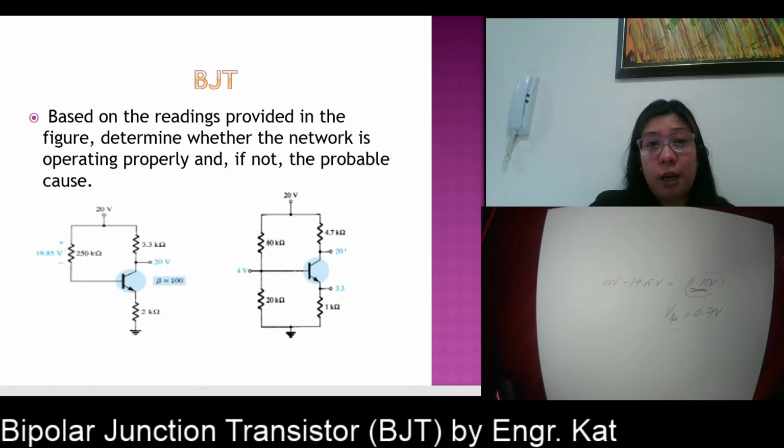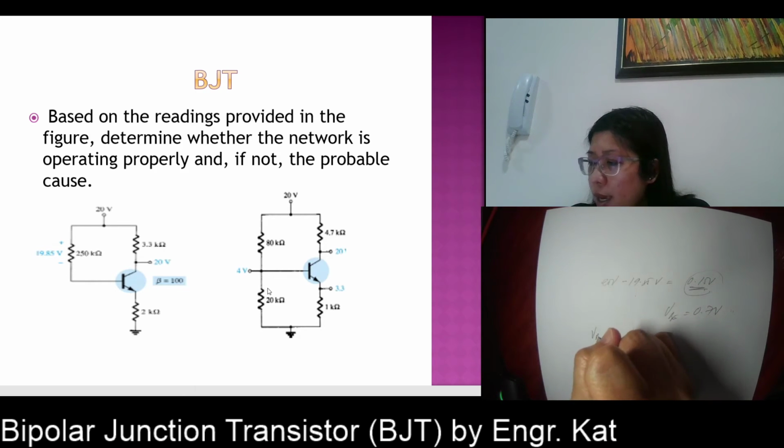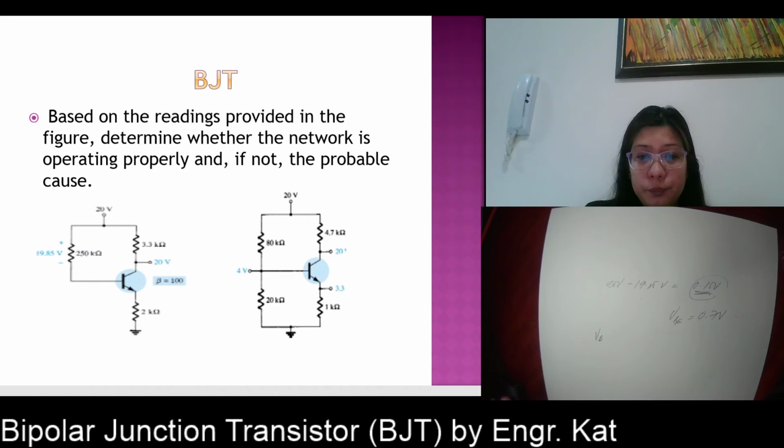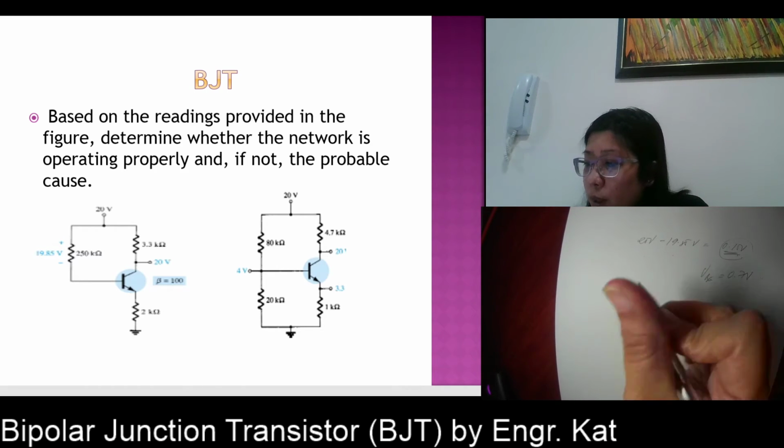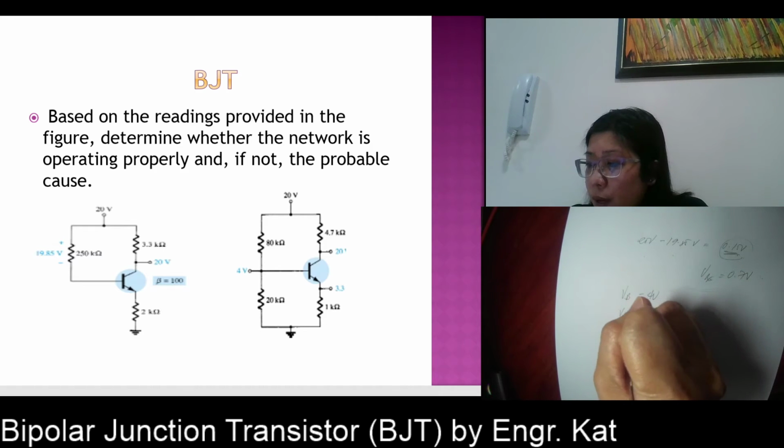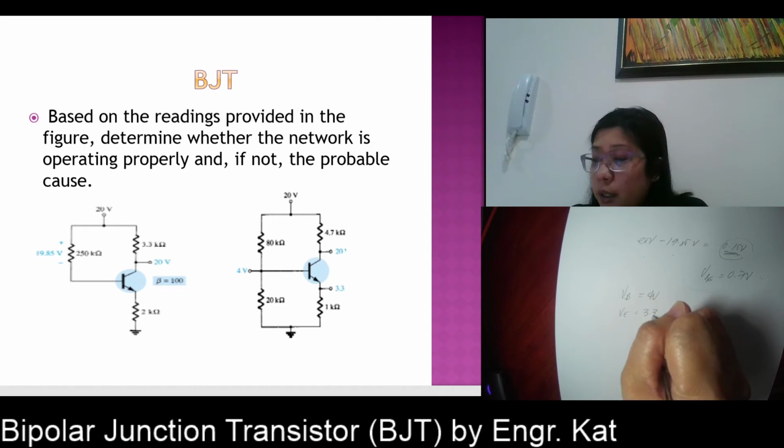So we have here the second circuit. The second circuit is we have 20 volts here, and you read 4 volts across your base. So if we have 4 volts here and your emitter voltage is 3.3, so your VB is equal to 4 volts and your VE is equal to 3.3 volts.